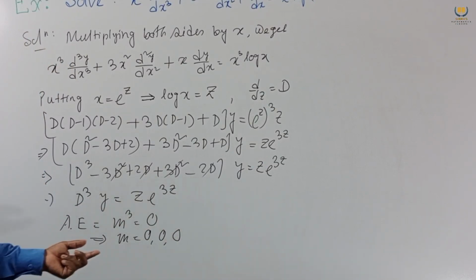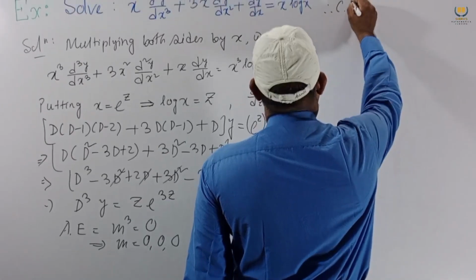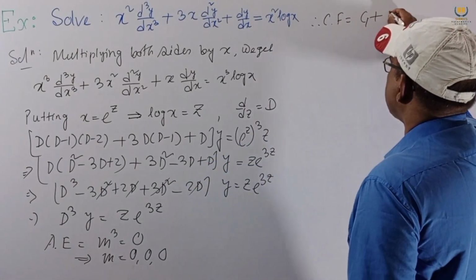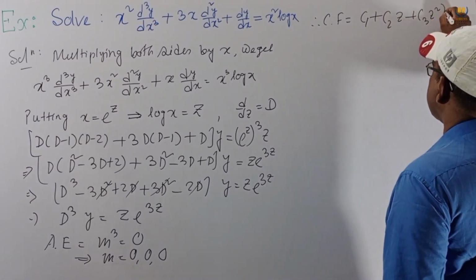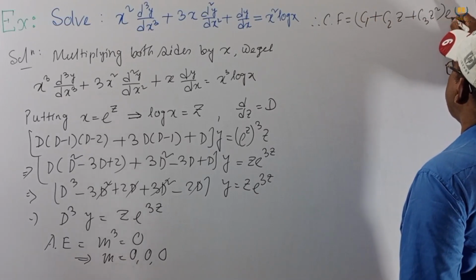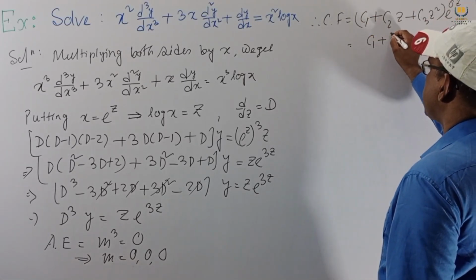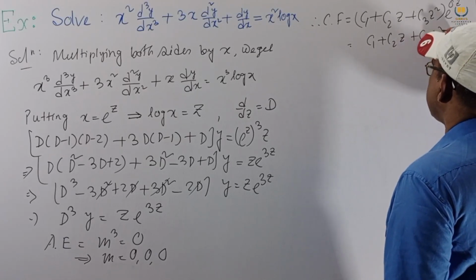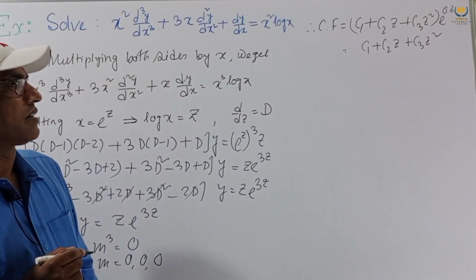So roots are equal. Therefore, complementary function equal to c1 plus c2 z plus c3 z square times e to the power 0z, and e to the power 0z means 1. This is our complementary function.